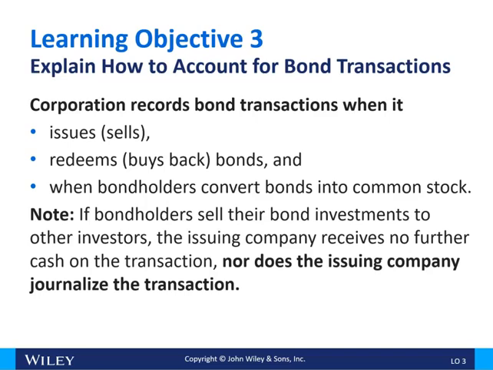The issuing company receives no further cash on the transaction, nor does it journalize the transaction. The only thing they would have to do is keep track of who owns the bond, because at maturity they need to know who to pay the principal back to.